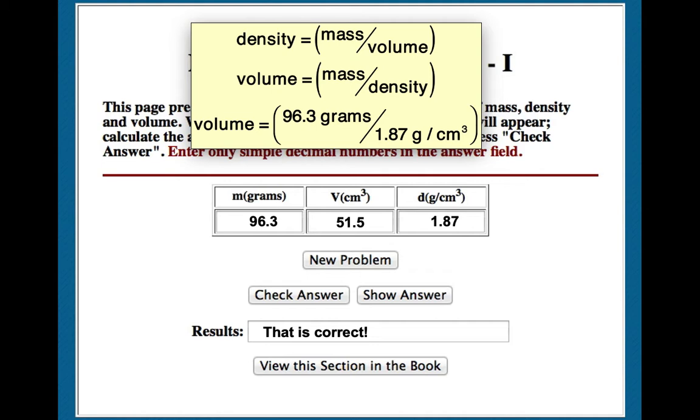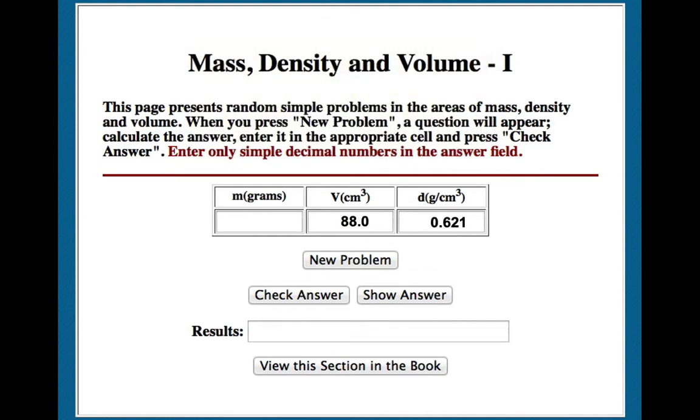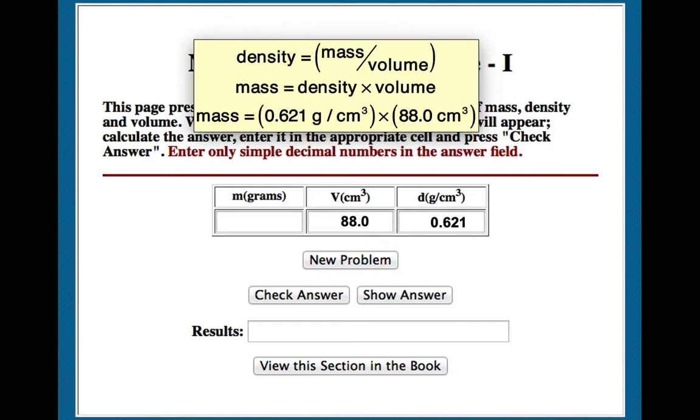Of course, this next one is going to have the mass missing. Density is mass divided by volume. Therefore, mass is density multiplied by volume. Substitute. Here's our density, here's our volume.